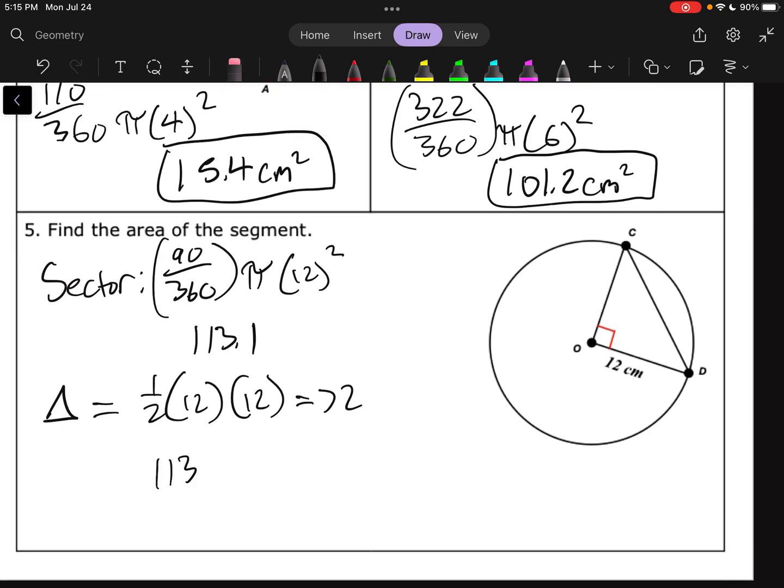And then 113.1 minus the triangle. For that, I am getting 41.1. And of course, that would be centimeters squared.